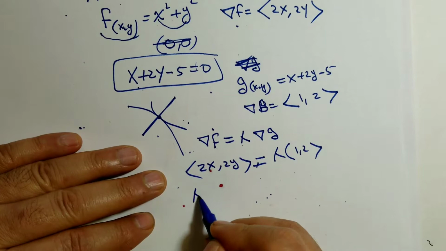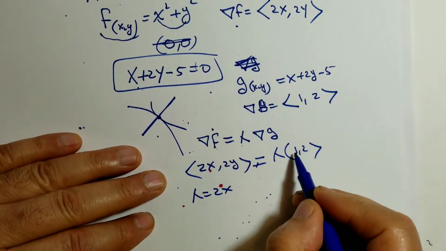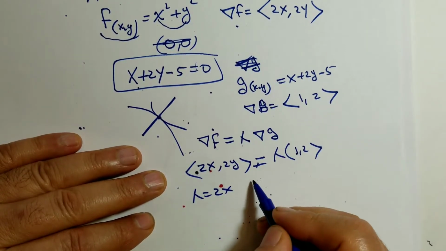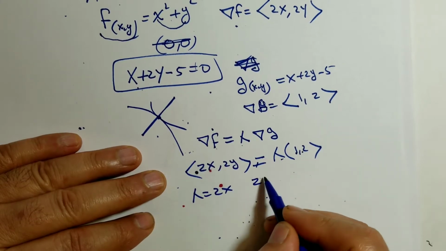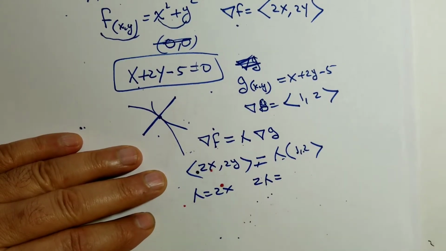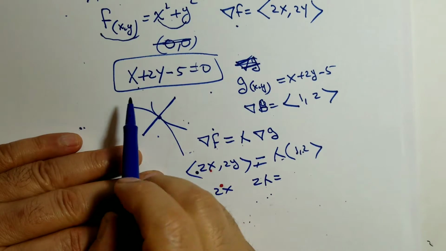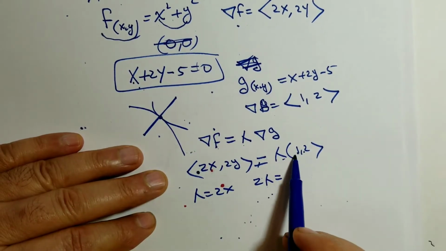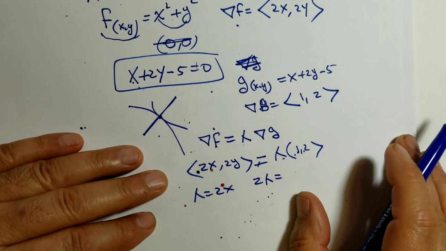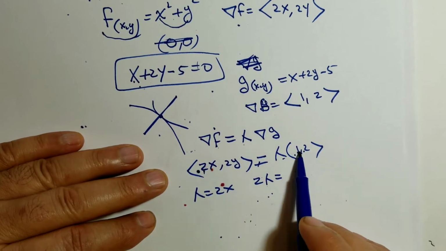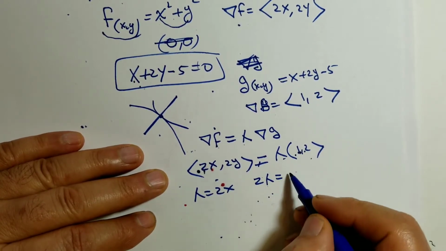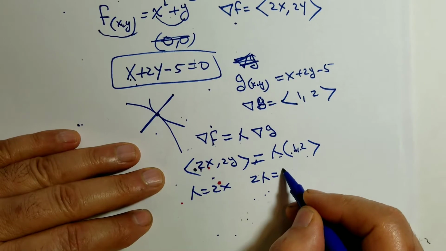Therefore, here your lambda is 2x. And in this one, the 2 lambda is, let me make sure I did it right. The gradient of that one is 1. The gradient of that one is 2. There is nothing wrong with it. 2x equal to that one, and this one is that one, and 2 lambda is equal to 2.